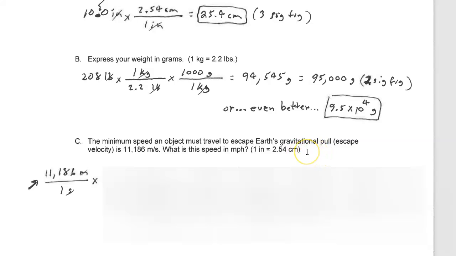Do I know a relationship between anything English and anything metric? Well, I know that 1 inch is equal to 2.54 centimeters. Okay. Does it make sense to you that if I can somehow get from meters to centimeters, then I can go from centimeters to inches, and then if I can get to inches, I can maybe go to miles.